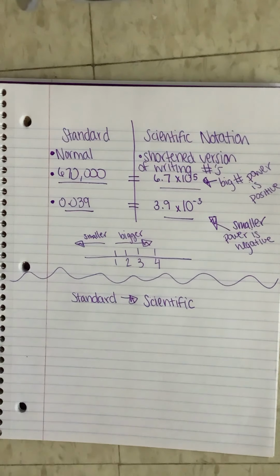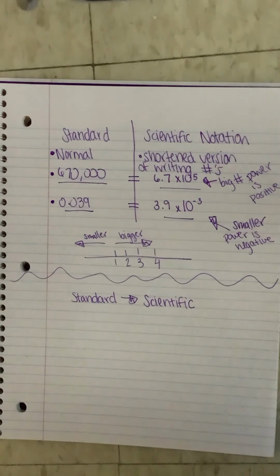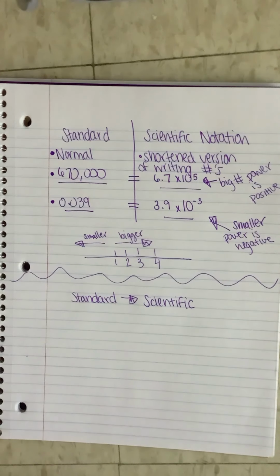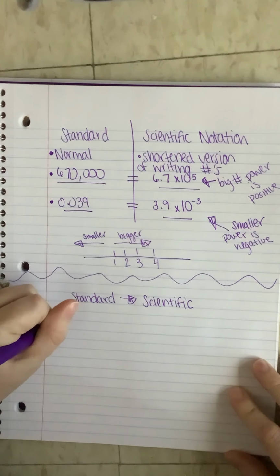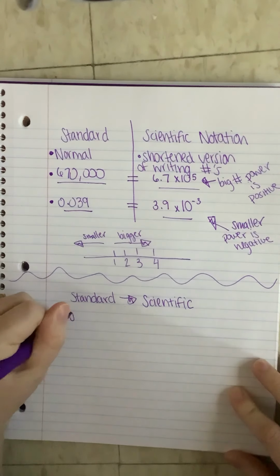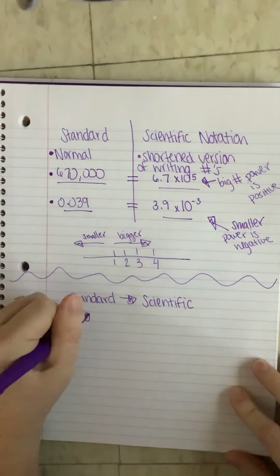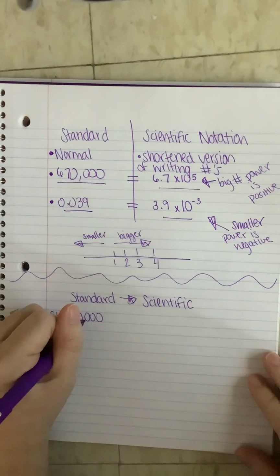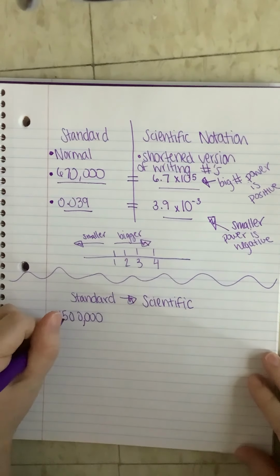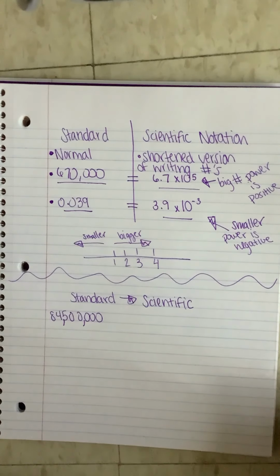So what if I had a number like 8450000? Really big number. I'm just putting commas in so I can read it to you. This number is 84,500,000, and we want to write it in scientific notation.